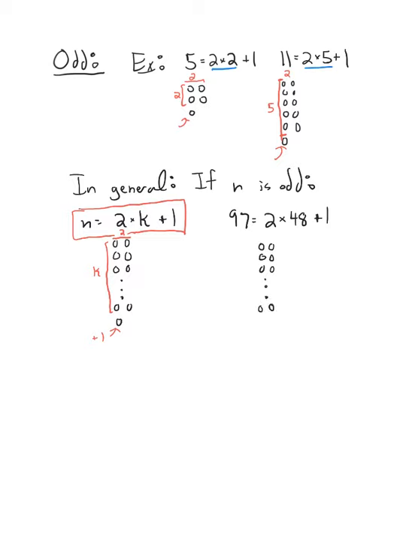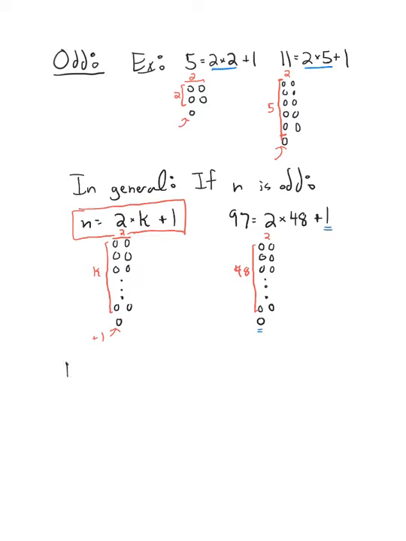So if I do that, I get 48 rows of 2 dots each, but that's only 96 dots, and there's this 1 guy left over. So all odd numbers can be written as 2 times some number plus 1, or an even number plus 1.